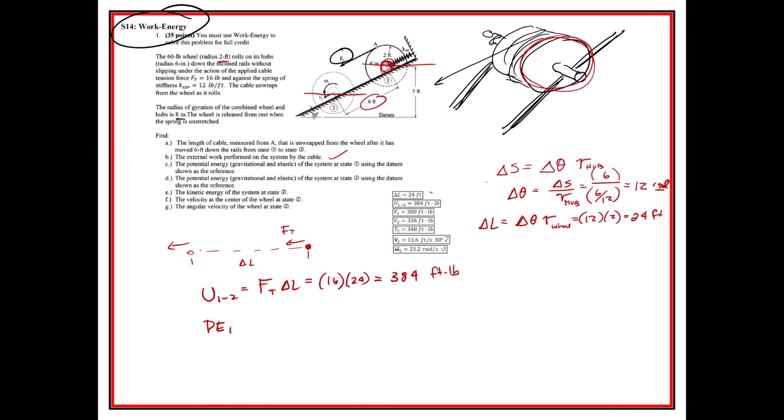Now my mind is thinking about trying to argue this over. So the potential energy at state 1 is, well, you could have the gravity potential energy and the spring potential energy, but the spring is unstretched. It does tell me to use the datum as a reference, so it already gave me that datum. So there you go. That's easy enough.